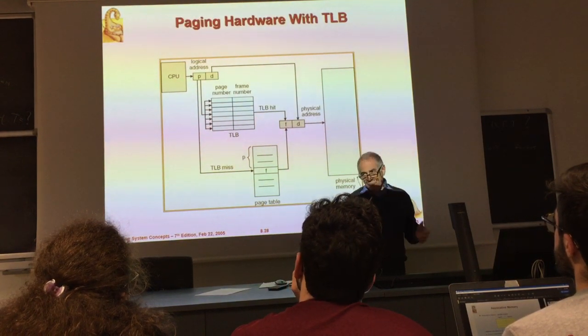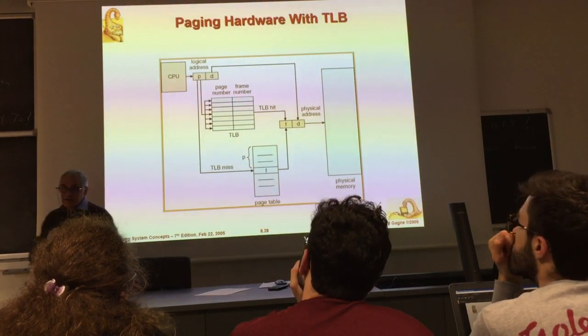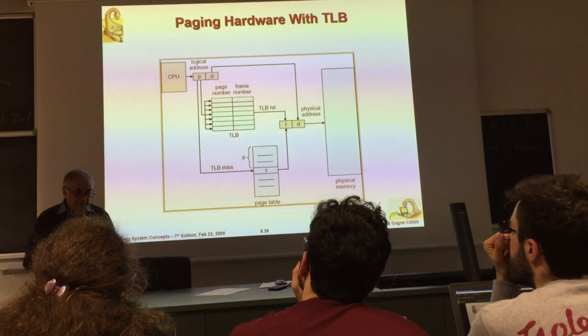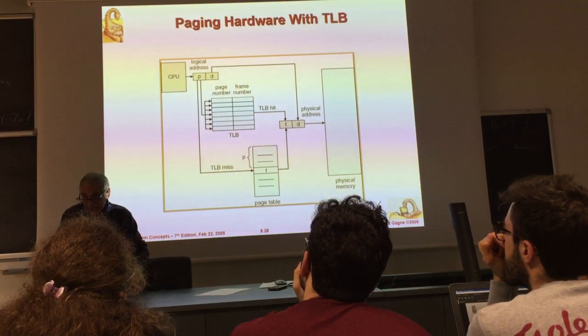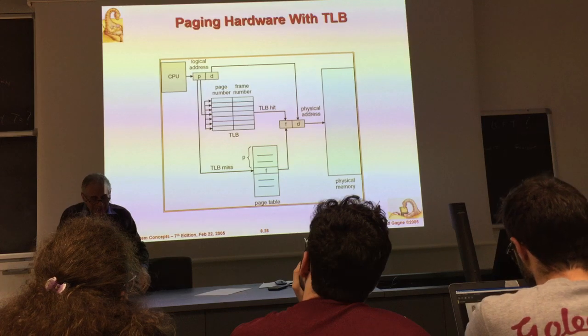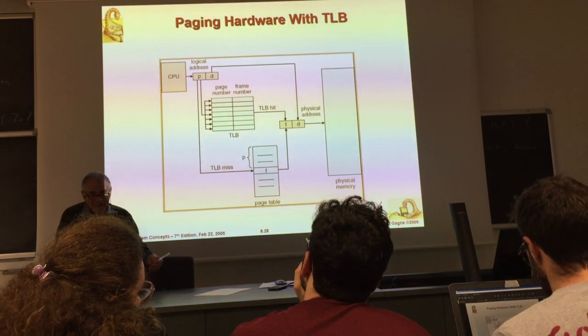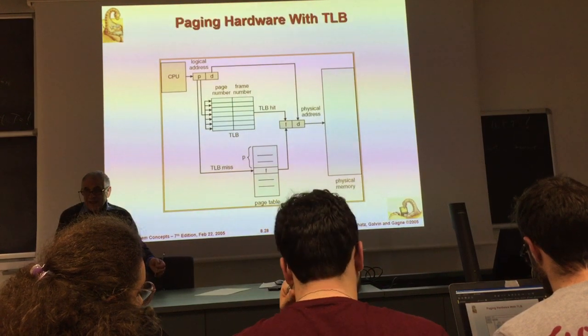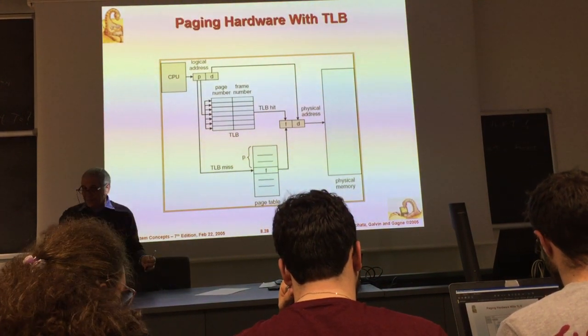These TLBs typically are of lower dimension, of course, 64 kilobytes, 256, or something like this. And you have several entries, okay?